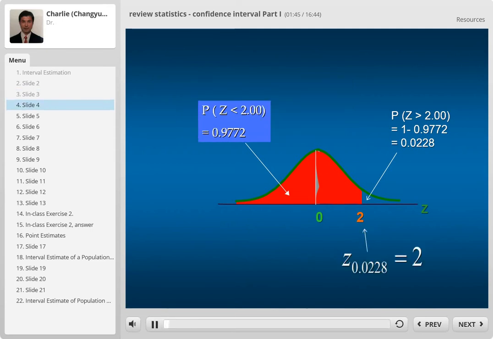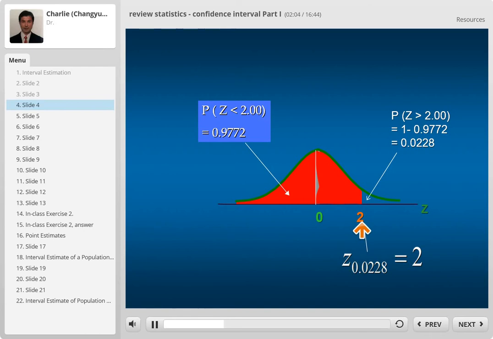Now let's introduce a new notation. The number 2 here is a point on the z-axis. This is a point here, okay?